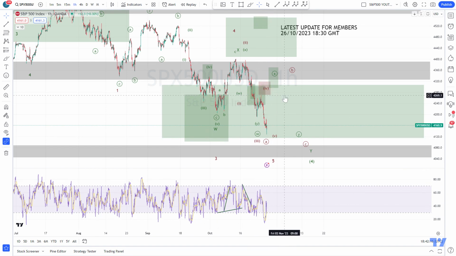I think the divergence in the 4-hour is more important for now, and so therefore, if we have a complete 5 waves up, then complete 5 waves down, then what typically happens is a correction. So here, if we go down, then the correction should be up, a correction up to actually correct this impulsive move down. So that would be my main expectation.